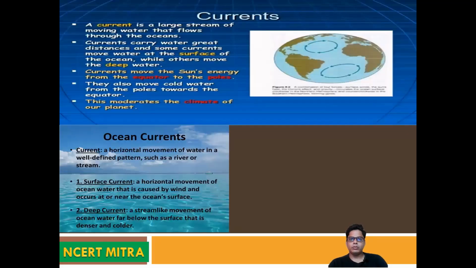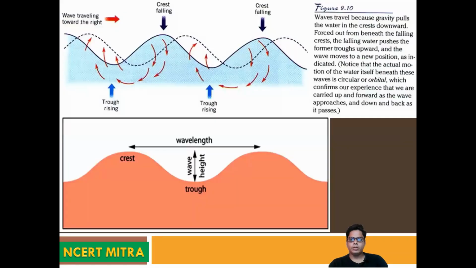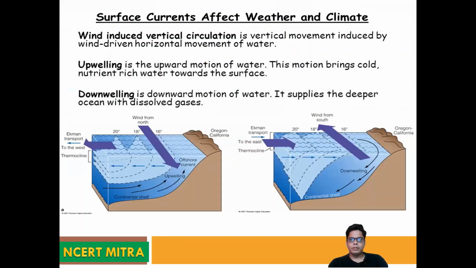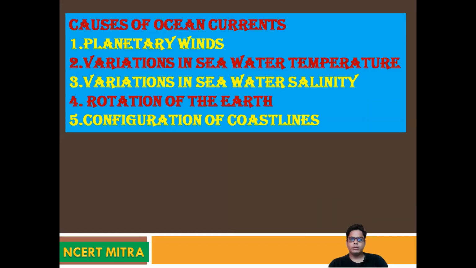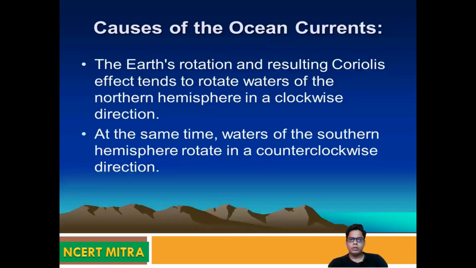Then we also discussed currents, their origin, their types, and world currents. We also discussed the surface ocean current, their vertical and horizontal movement, and the causes of the ocean currents. Now in this video we are going to discuss another thing.